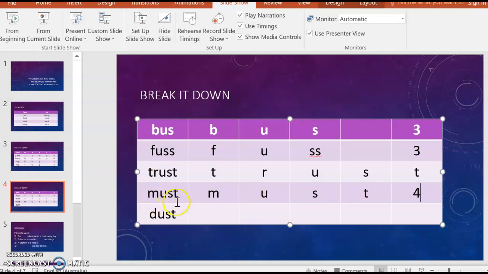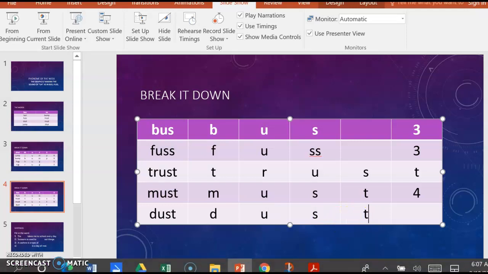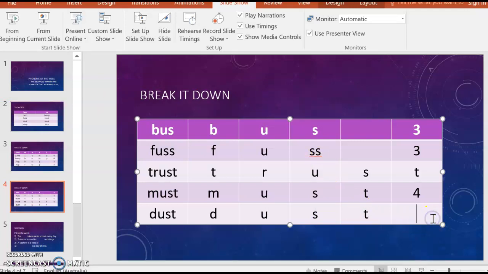So if there's 4 phonemes in must, what do you think dust would have? Would that have the same number of phonemes? It would, because just the first two letters are the different ones. Dust. D, u, s, t. How many phonemes in the word dust? 4.